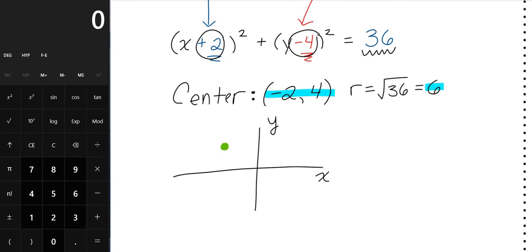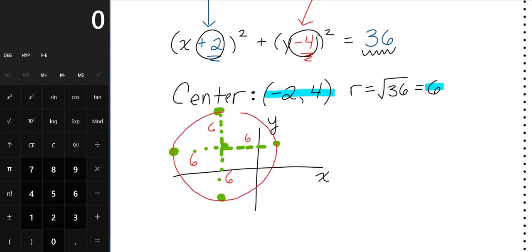Let me actually change this. So I'll do a dotted line. If I go 6 to the right, maybe my next point is here. If I go 6 up, 6 to the left, 6 down, okay? That's my radius of 6 on all sides. And I would connect that with a nice smooth curve. So this is what my circle would look like if it was on a graph.